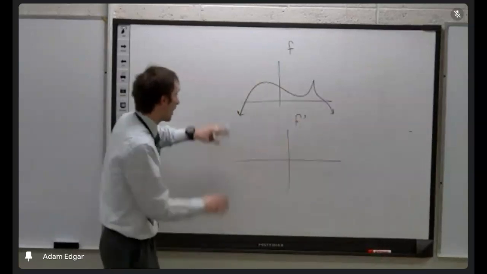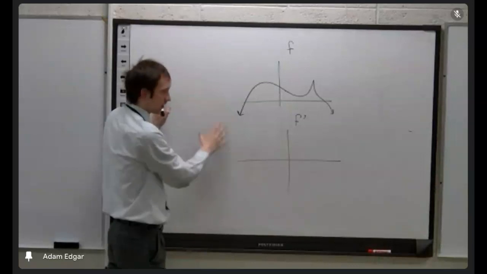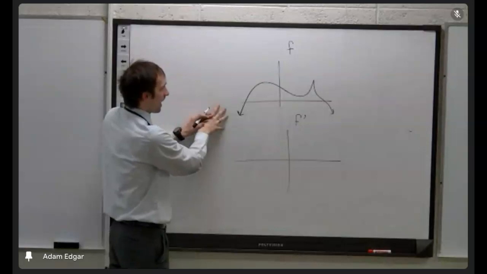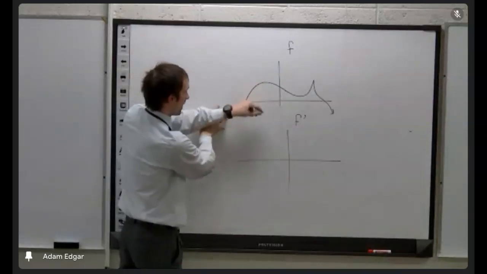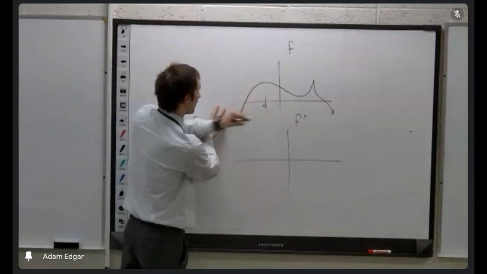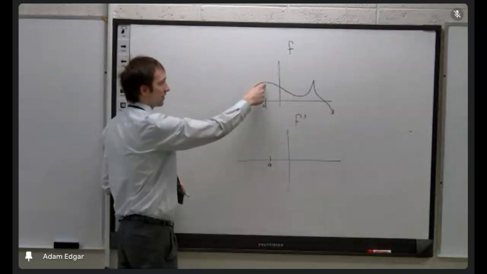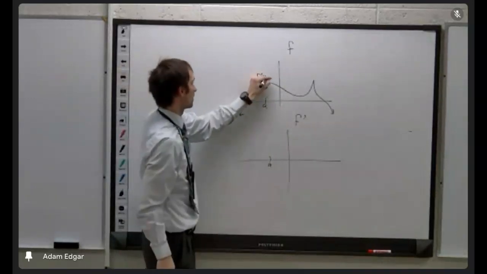So F prime is positive, and therefore, where is it relative to the x-axis? Above. And then where do we have our first special point? At the maximum. Let's call this A. So at A, we have a maximum. What's the slope here at A? 0. So we say F prime equals 0 right there at A.